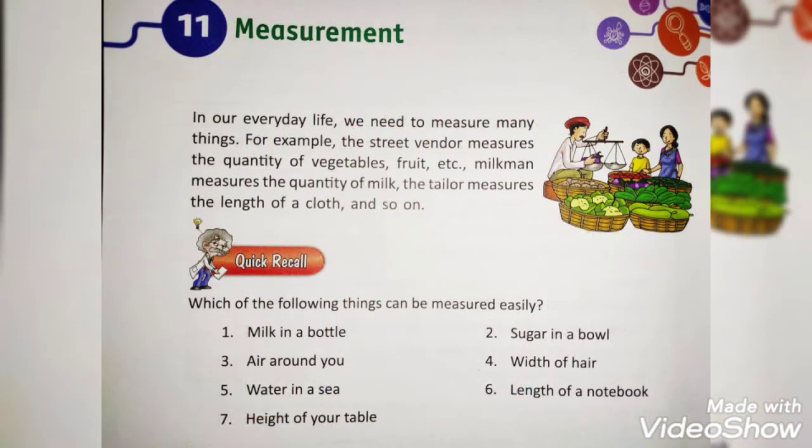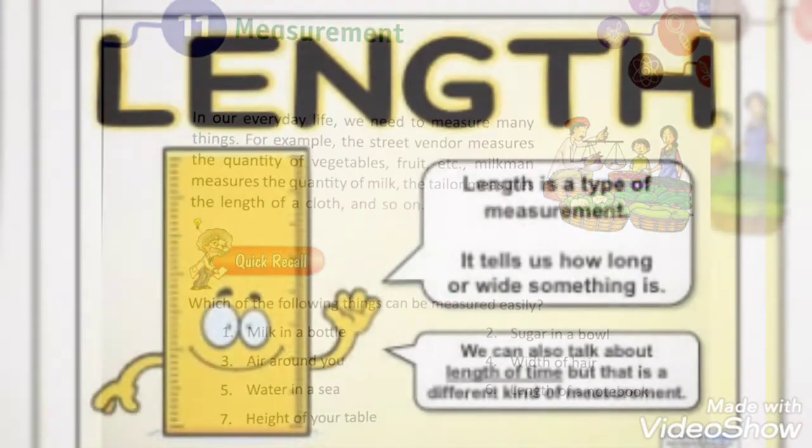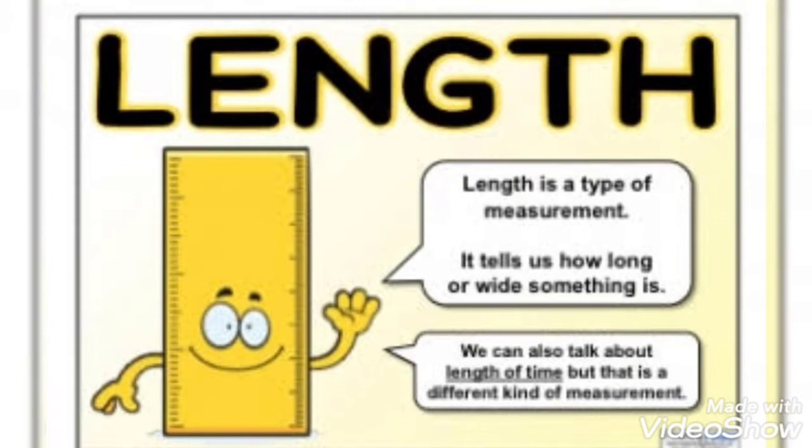So, children, when you go outside, you can see that in the market, the vendor is selling vegetables and fruits, and he has a weighing balance, and he is measuring an amount of vegetable or the quantity of the fruits, and accordingly he is asking for the price of that quantity of vegetable.